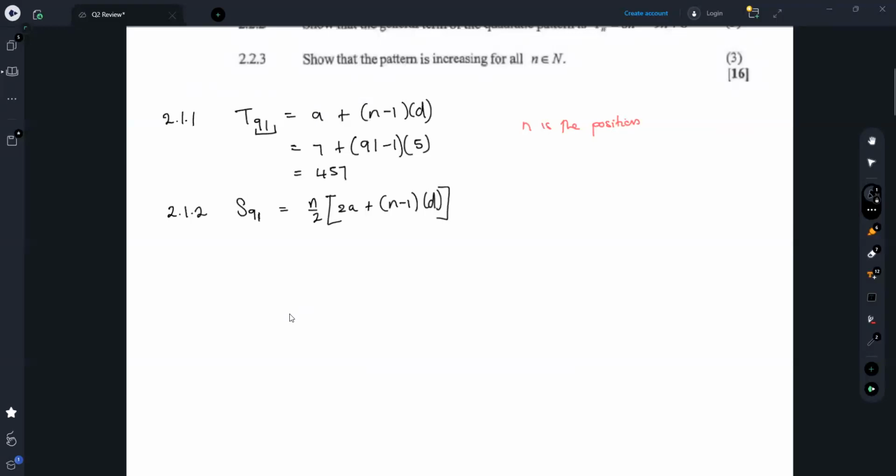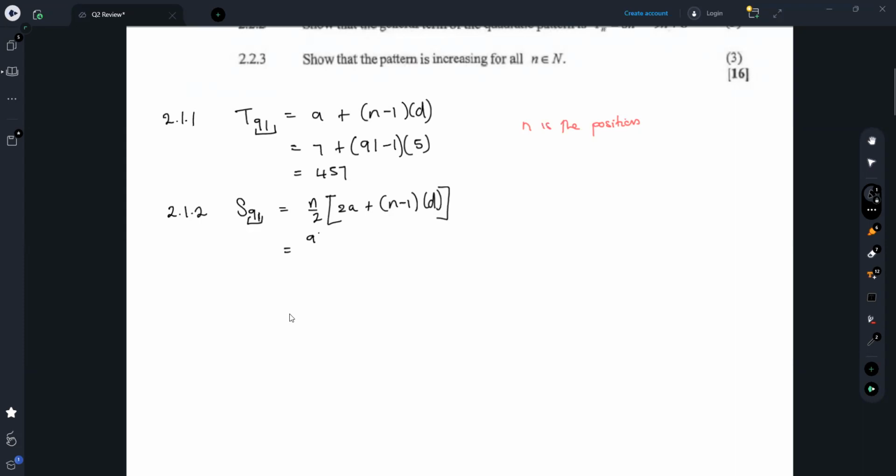So now we don't have to calculate a. We know it, it's 7. And we don't have to calculate d again. We know it, it's 5 from the previous question. So the only thing that we have to do is do our correct substitution. So now in this case, this 91 does not represent position anymore, but it represents the number of terms you are adding up together.